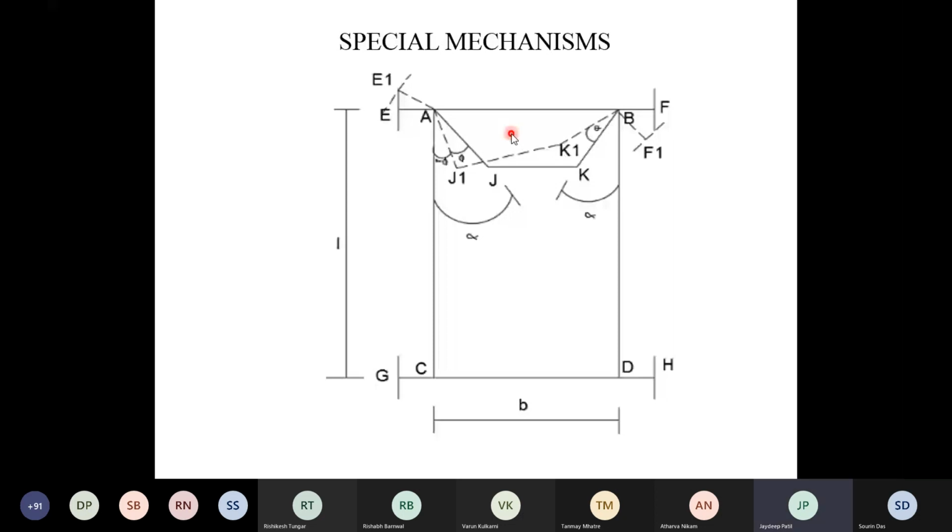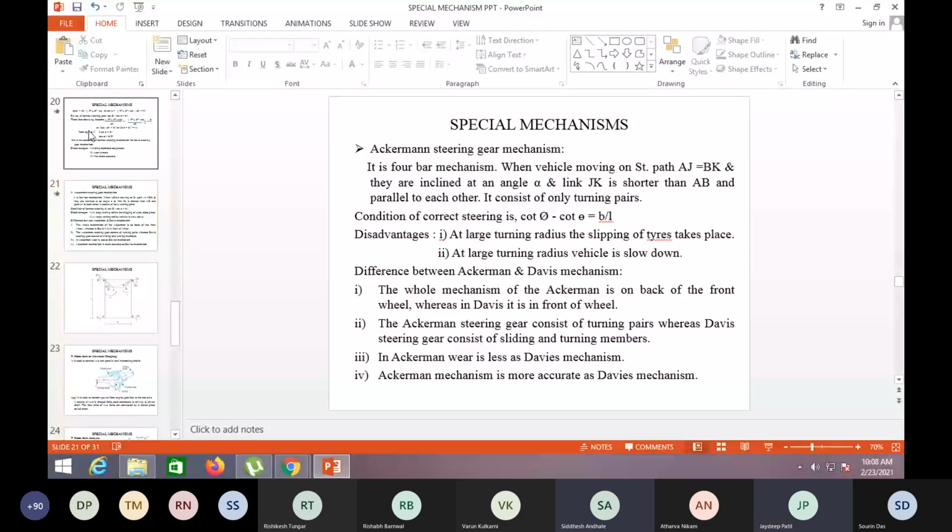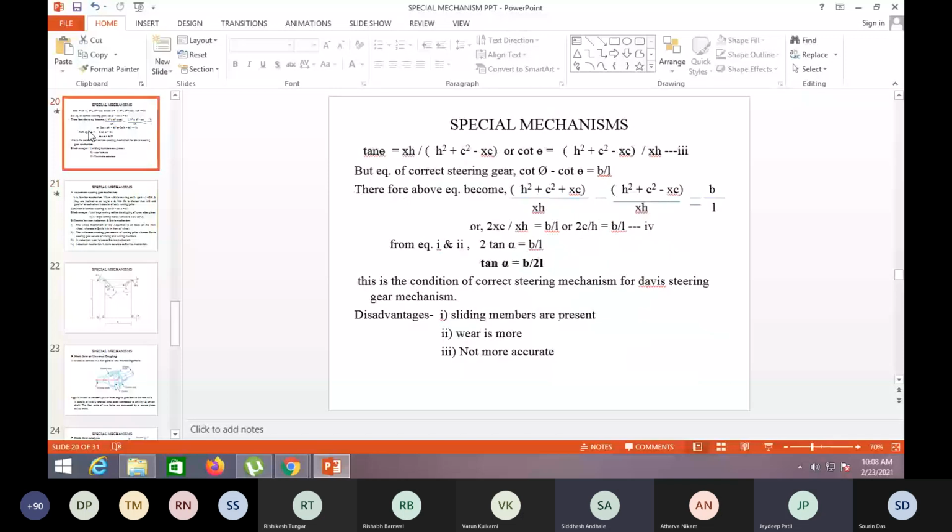Is it right? Then what was there in the Davis steering gear mechanism? The link JK slides inside the slider or guide.